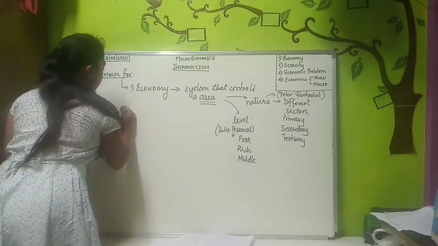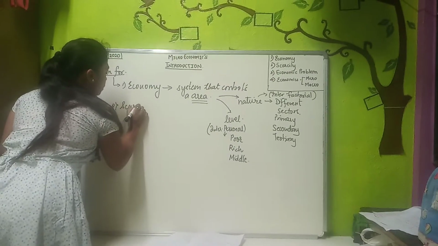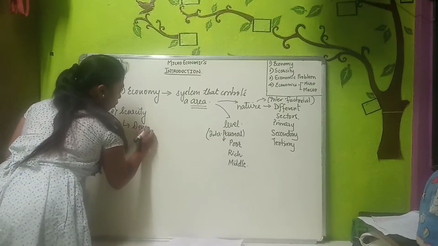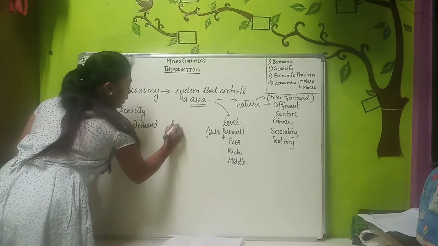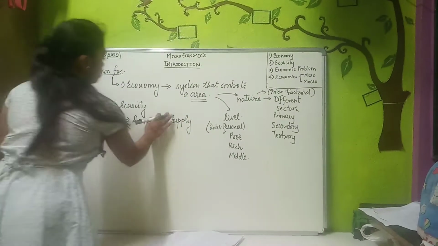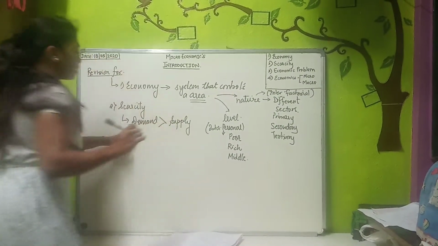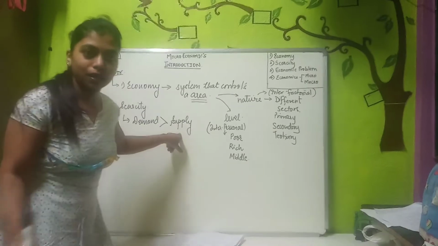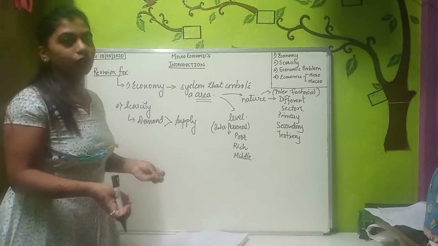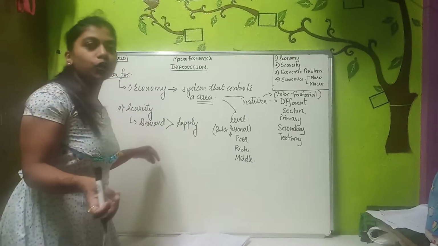The second important concept is scarcity, which refers to the direct relation of demand and supply. Demand is more, whereas supply is less. You go on increasing your dissatisfaction. I got a banana, now I want to eat an apple.